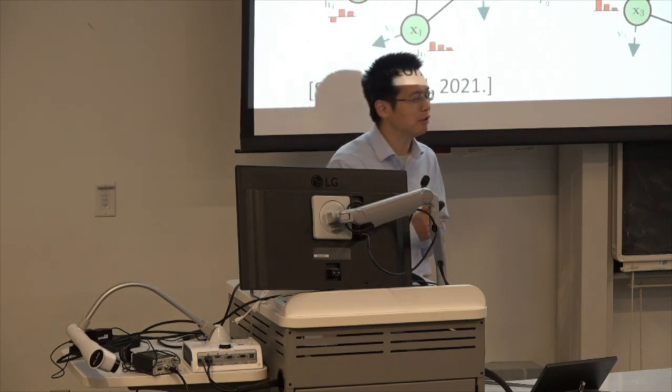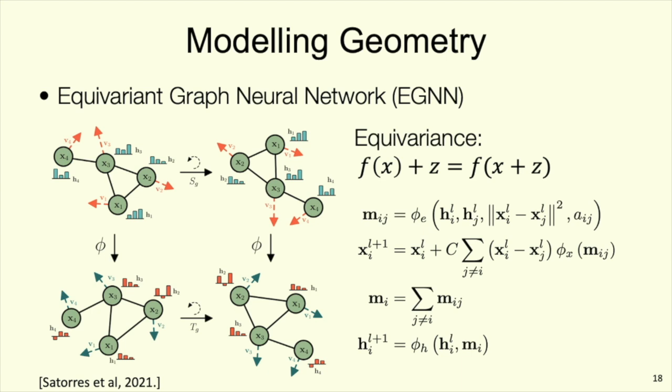Well, how to model geometry? Here, again, we have a graph, but it's no longer a discrete graph. Each node actually has connectivity to the neighboring nodes, but also has coordinates.